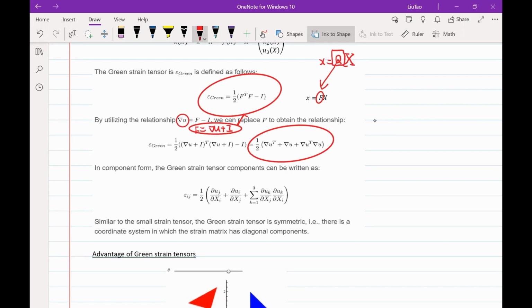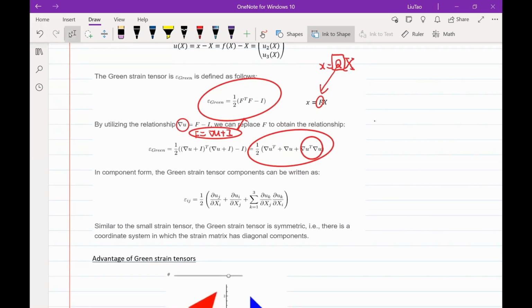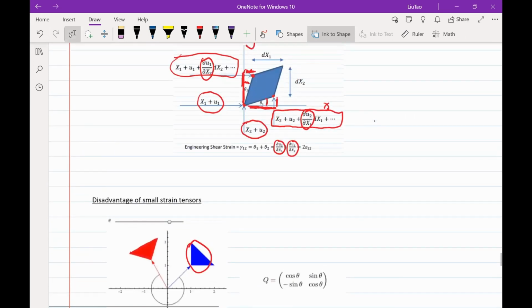And if we compare Green strain tensor with small strain tensor, we know that we have a third component for Green strain tensor, which is equal to del u transpose times del u divided by 2.